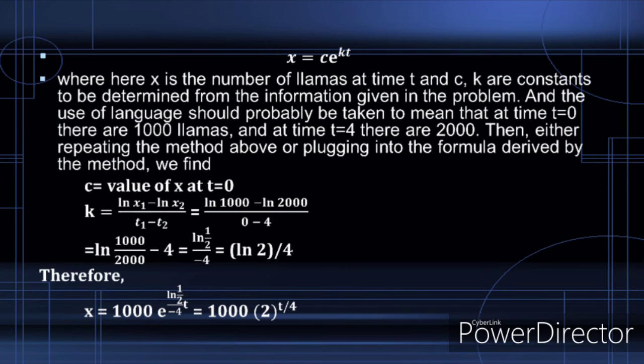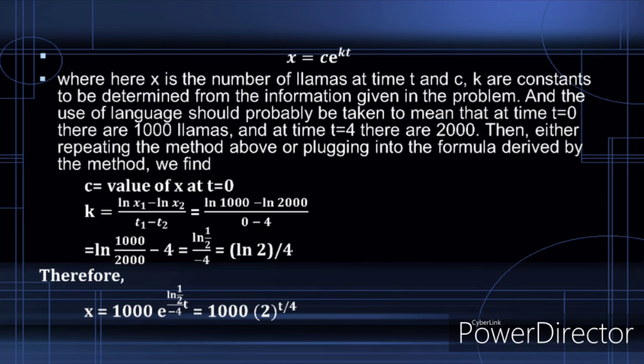The use of language should probably be taken to mean that at time t equals 0, there are 1,000 llamas, and at time t equals 4, there are 2,000. Then, either repeating the method above or plugging into the formula derived by the method, we find c as the value of x at t equals 0.